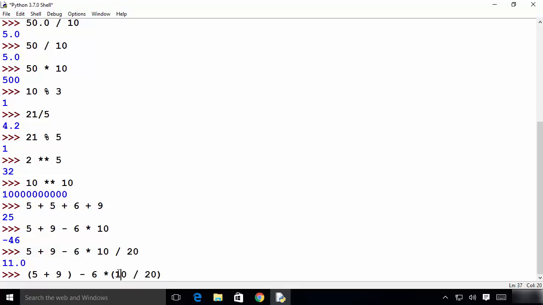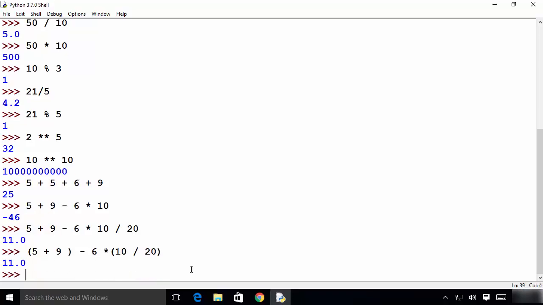And then the result of these two numbers will be multiplied by 6 because multiplication has the highest priority out of these two operators, which are minus and multiply. So the multiplication operator has the highest priority, and at the end the subtraction of the result will take place. So let's press enter and let's see what's the result.